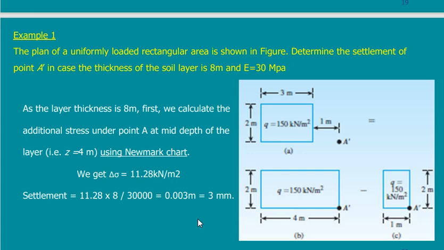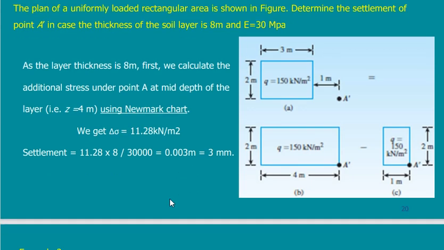So now we calculated the immediate settlement. It means that if I have a footing and I tell you the dimension of the footing and the load of the footing, you can calculate the stress beneath the footing. If I tell you to calculate the settlement 10 meters below this footing at the corner, you will get the stress at the point that you need, apply the equation for settlement, and you will get whatever you need.